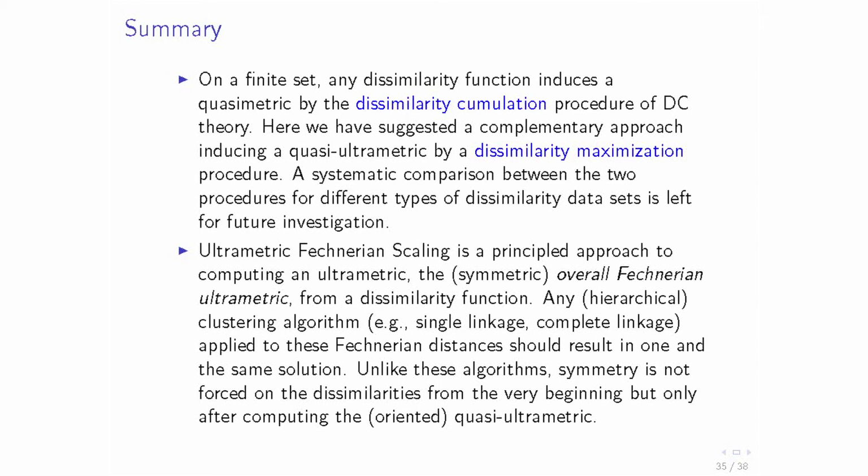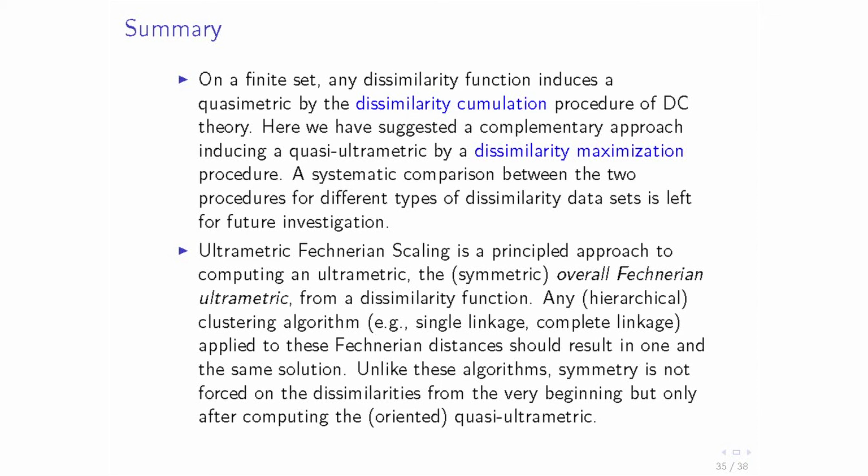I showed you only this one trivial example. It is a principled approach to computing an ultrametric from a dissimilarity function. So as I mentioned already, any hierarchical clustering algorithm applied to these Fechnerian distances should result in one and the same solution.